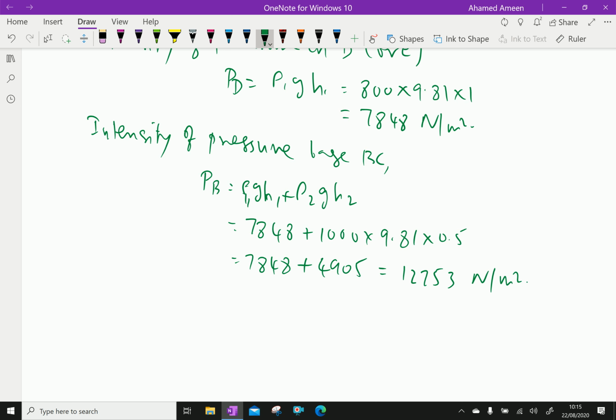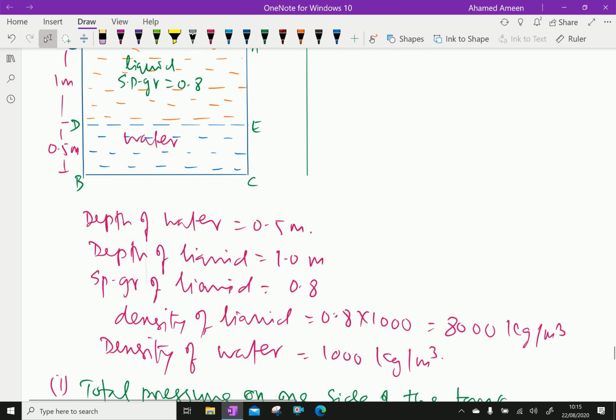So we have the total base of 12,753, and out of that we have to split these two.